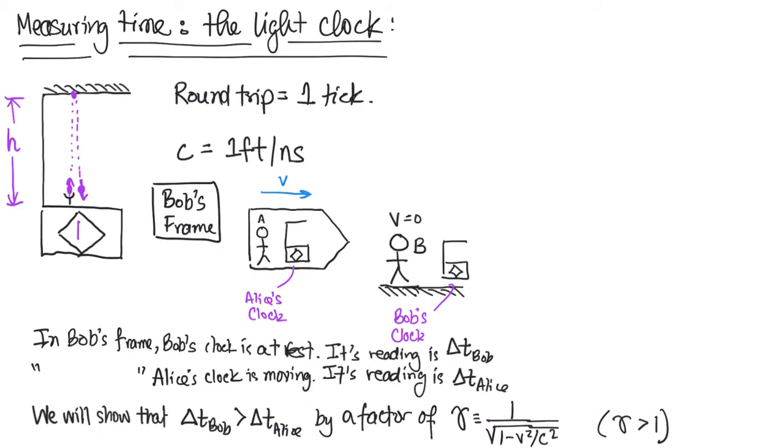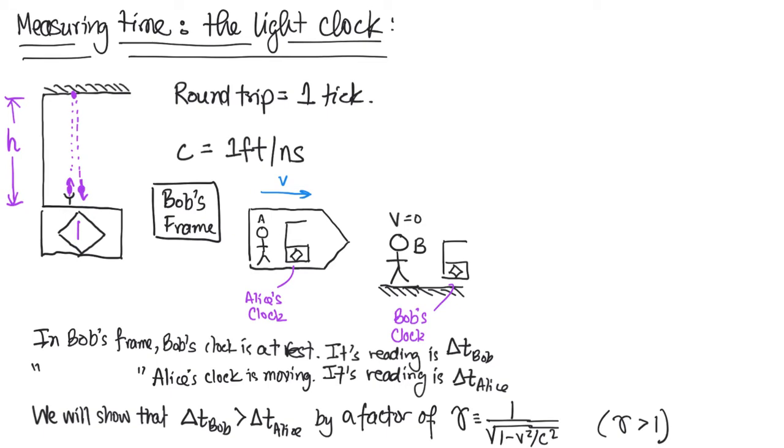Our main result is to show that delta t Bob, the amount of time ticked off on Bob's clock, is bigger than delta t Alice, the number of ticks of Alice's clock, by a factor of gamma, where gamma is our shorthand notation for 1 over the square root of 1 minus v squared over c squared, and this v is the velocity of Alice's clock.